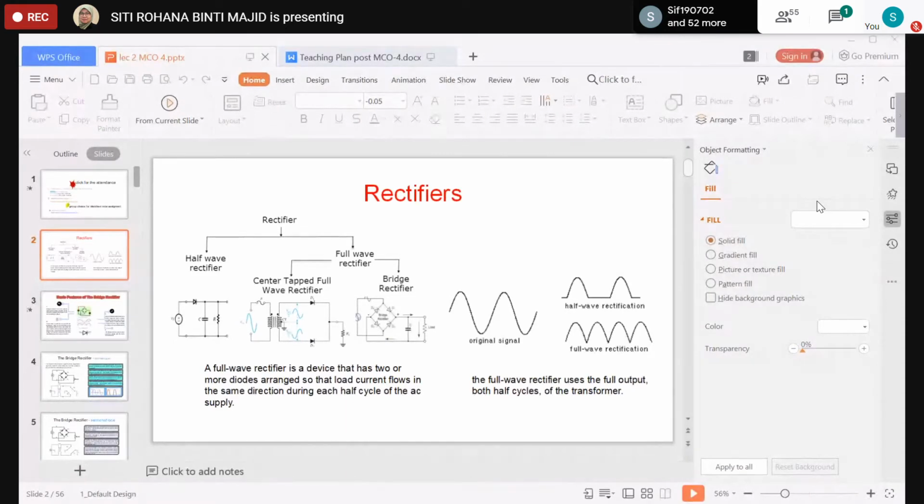Now we want to discuss the bridge rectifier further. As I mentioned before, the bridge rectifier has two half cycles. In some books, they denote the first half as positive, and the second half as the negative cycle.